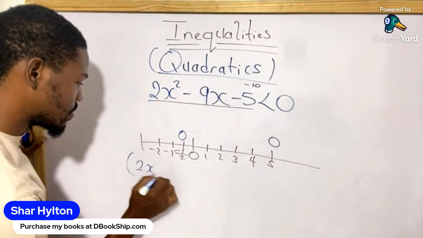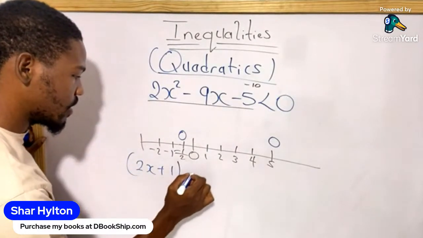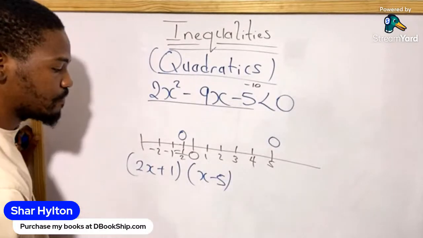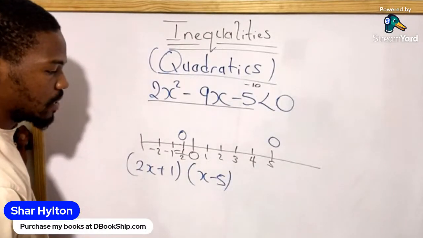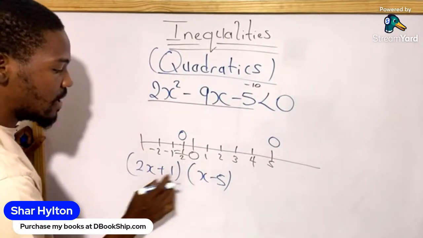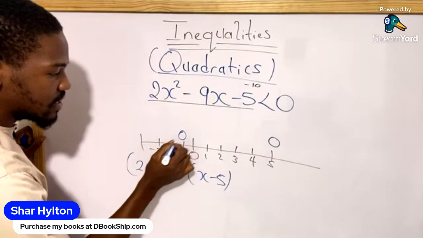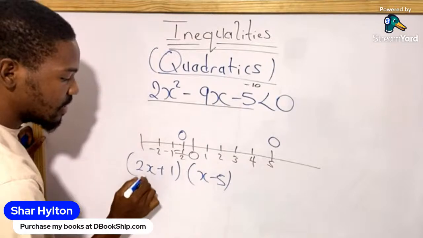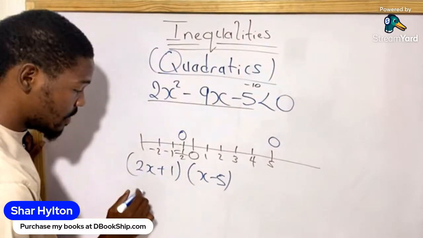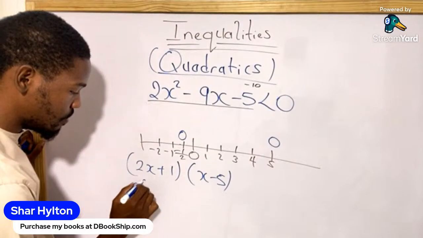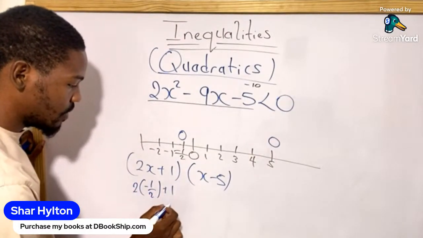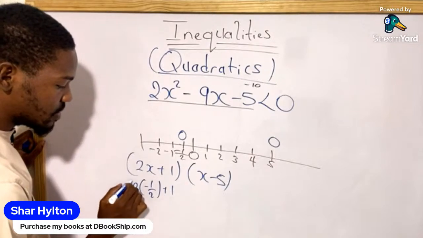So we have 2x plus 1 in brackets, and we have x minus 5, I believe that was it. We're going to put in these values. Let us say x is negative a half. We're going to have 2 times negative 1 over 2 plus 1, so this is going to cancel out.